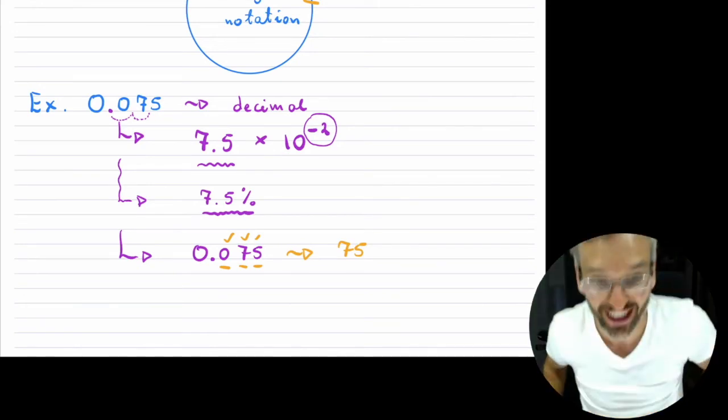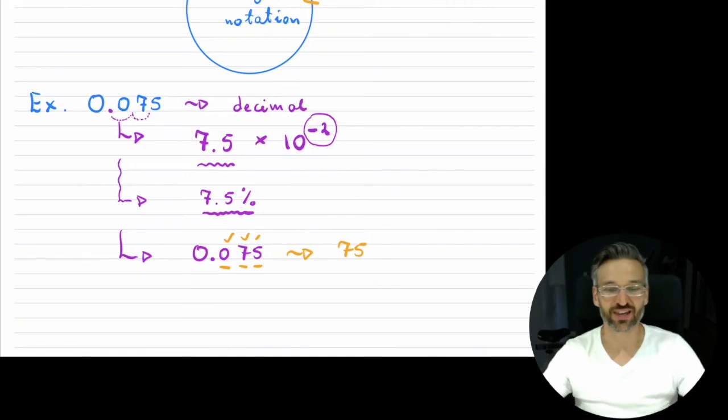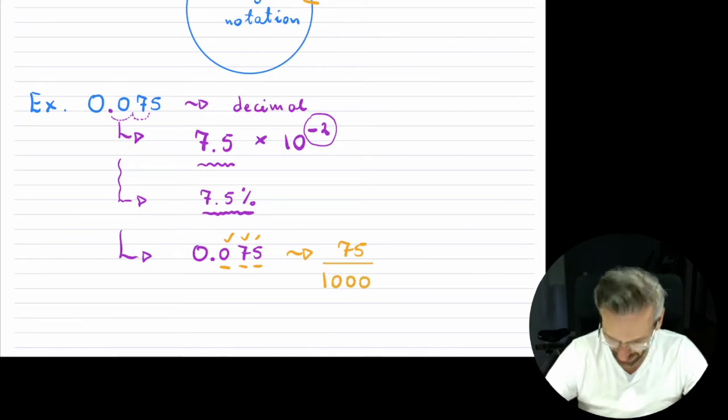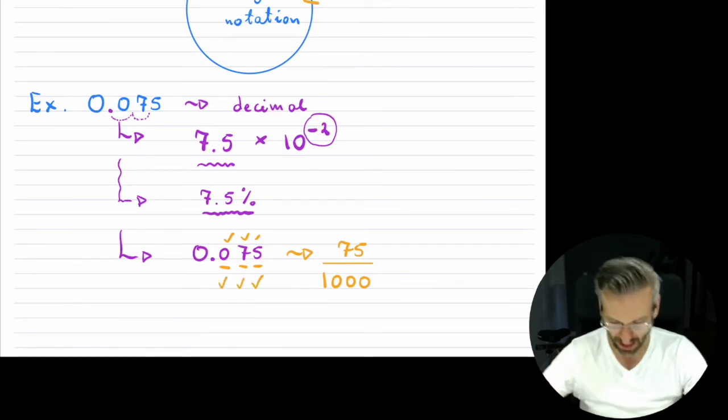Get it off. Okay, so coming back to math. So we have the 75, which comes from the decimal. And because we're converting it back, we're going to be dividing by 1,000 because it is the thousandths place value. So, tenths, hundredths, thousandths.